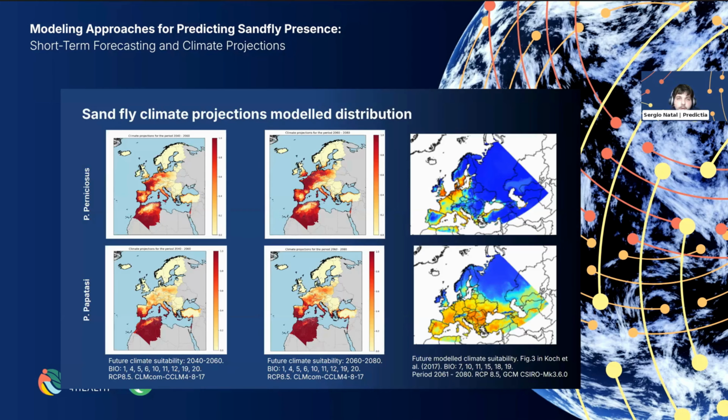So when we compare our projections with published studies, we observe very similar spatial patterns and expansion signals. This structural consistency with the literature gives confidence that our modeling framework is capturing the main climate-driven process that shaped Sandfly distribution.